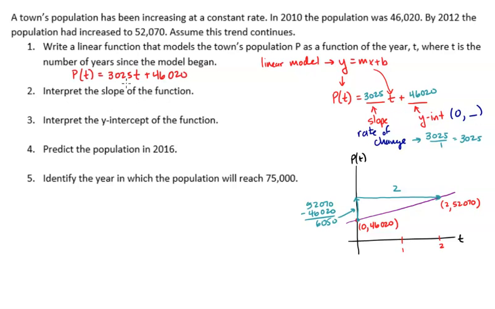The slope of that function, that 3,025, means each year the population goes up by 3,025. The y-intercept means that in year zero, which was 2010, the population was 46,020.